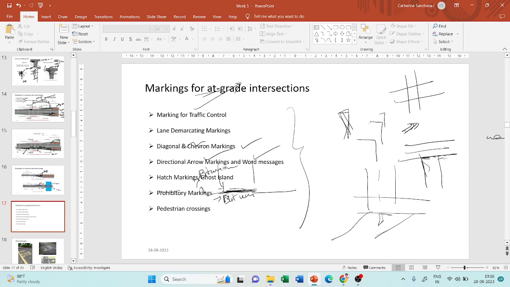In such case you will have a channelization here, and this channelization can be maybe a diagonal marking or so. There are also ghost island junctions, right turn protected T junction, staggered junction, dual carriageway junction, signalized intersection, roundabouts, which we have heard about. So all these are at grade intersections, and if you see IRC 37, or even in Sir's lectures, the figures, you can see what are the possible markings that can come in such at grade intersections.